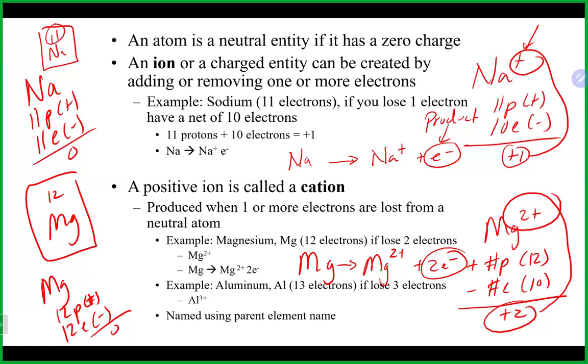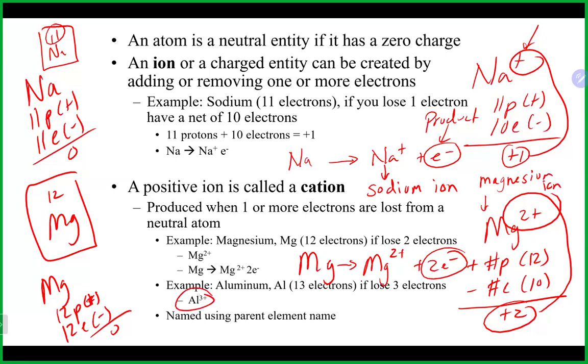So for example, if you wanted to name your sodium here with a +1 charge, this would be known as the sodium, and then you just slap an ion at the end of the name, and that would be the sodium ion. If you wanted to do this guy here, which is our magnesium with a +2 charge, you would use the whole name of the element. That would be magnesium, and you would just put ion at the end of it.